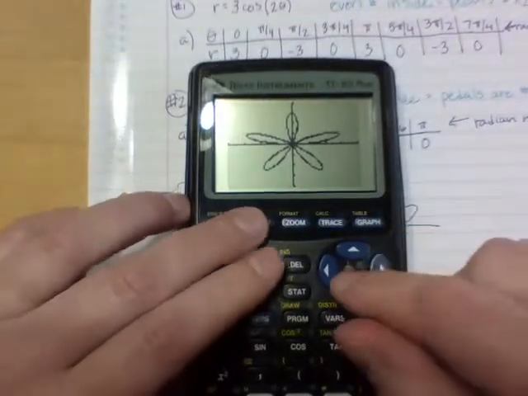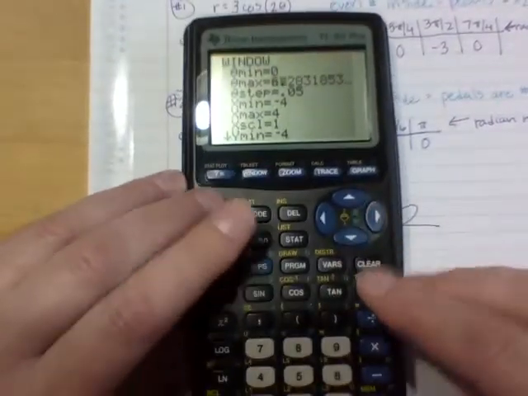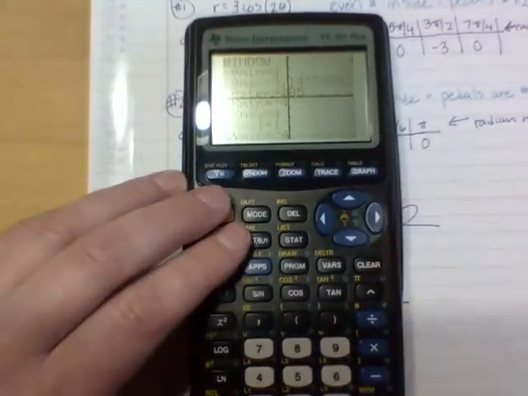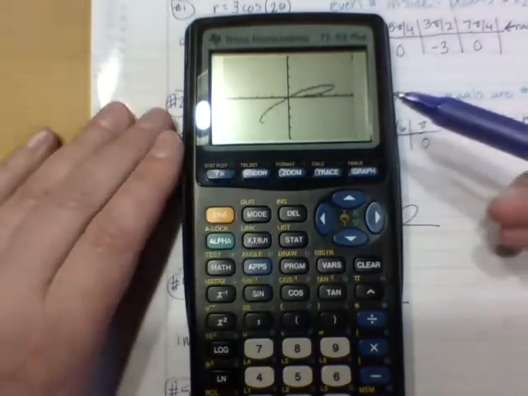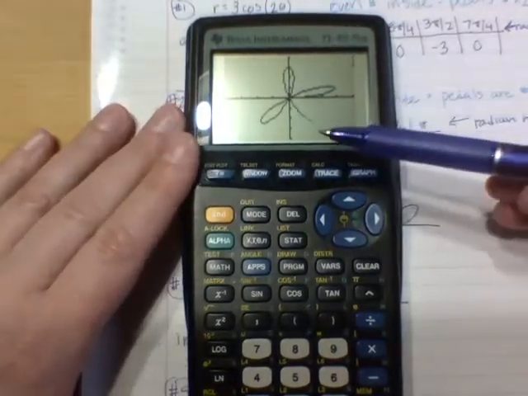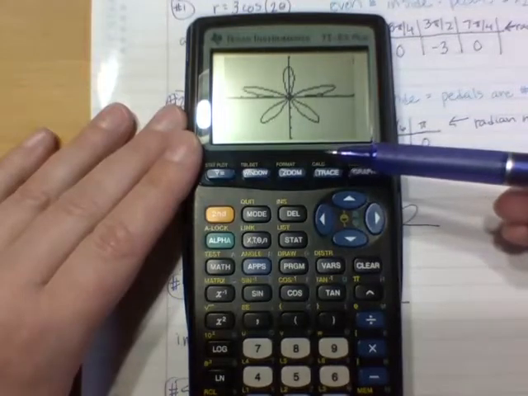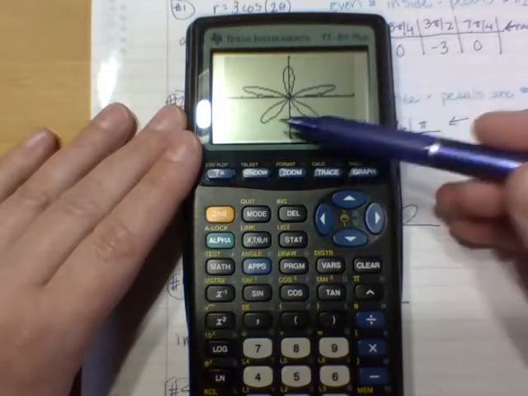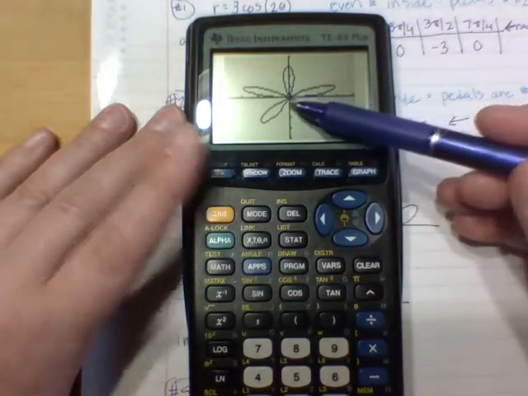So definitely 2 pi is not where it stops on the interval, so we're not going to put 2 pi here. We're going to see if maybe pi works. So we're going halfway, and we'll see if we can get 5 petals going. And notice that it stopped working right when it hit here.